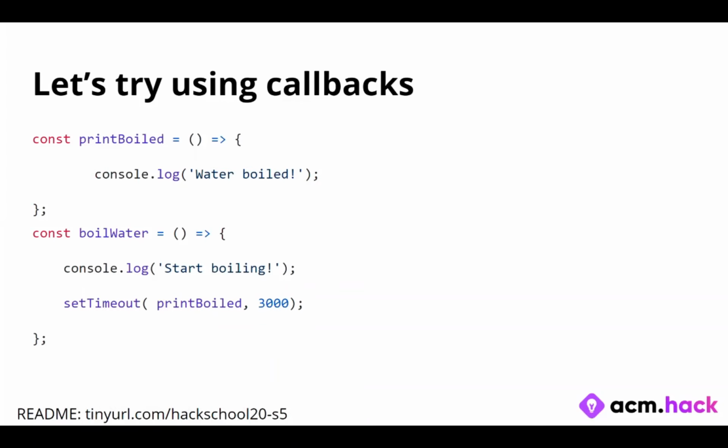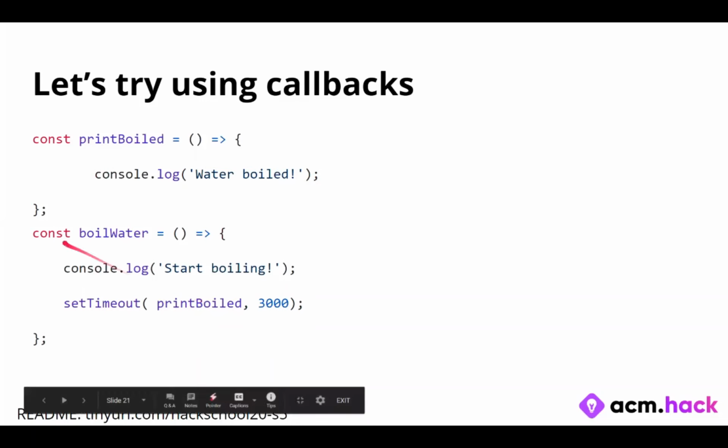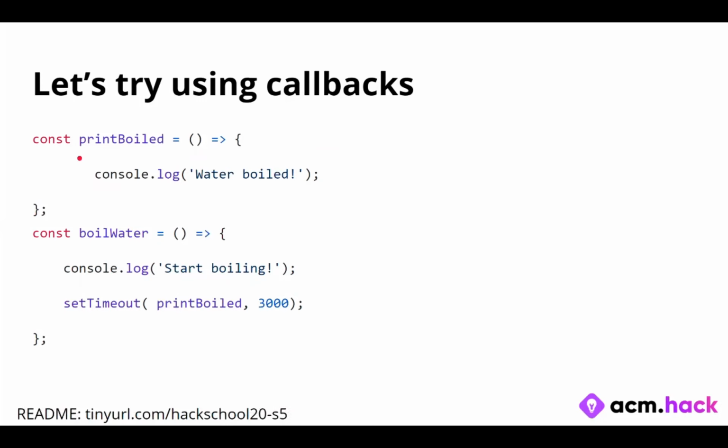I believe so, yeah. We'll see here that this at first glance doesn't seem to be much different than what we did before. All this did is stall for 3 seconds and then console.log water boiled. What this actually does is, after we call set timeout, our code can go off and do other things instead of just waiting there.